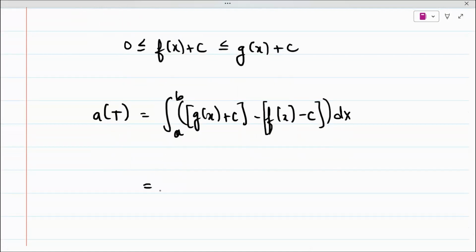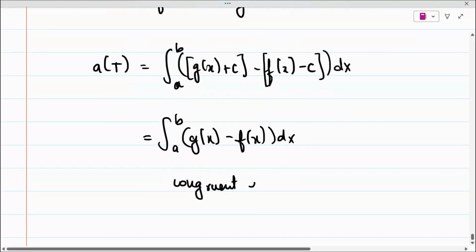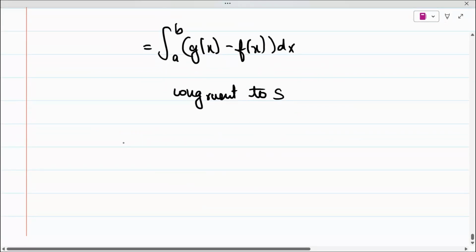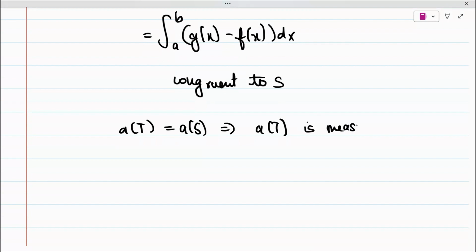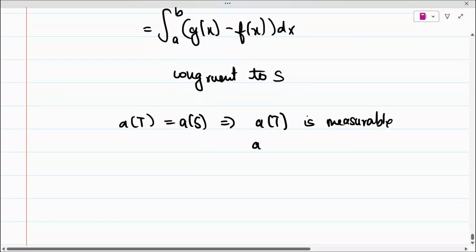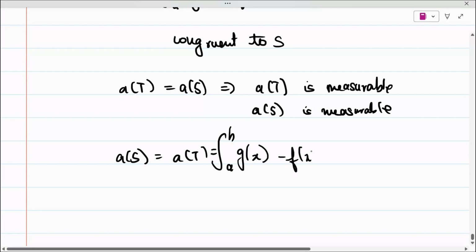And this gives us this integral, and this is congruent to S. By the definition of congruence, a of T is then equal to a of S, which implies a of S is measurable also, and so a of S equals a of T, and this holds for a general function.